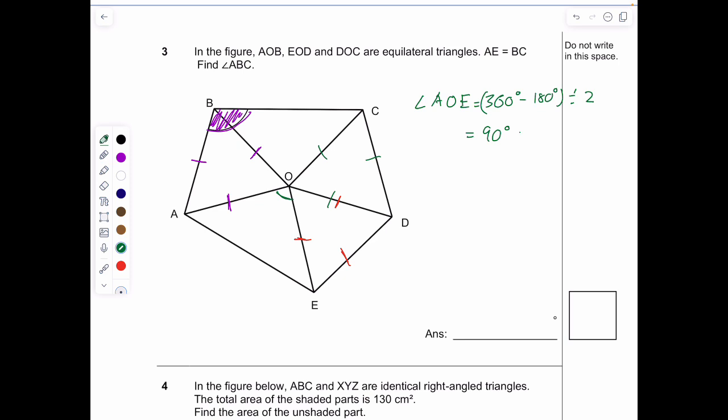Given that I know this is 90 degrees, I can then find out what is CBO. CBO in this case would be 90 degrees divided by 2, which is 45 degrees.